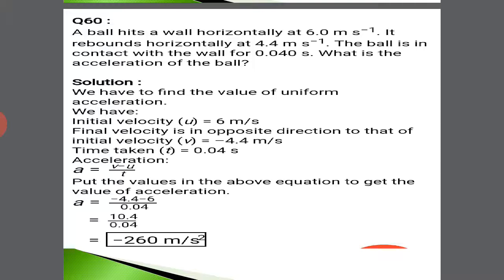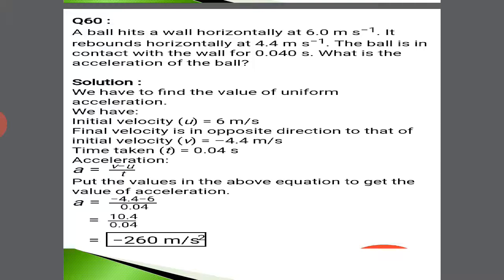Okay, what we need to find out? We need to calculate its acceleration. We are given two values, initial velocity and final velocity, both are given there, and time is also given there. So we have to find out the value of uniform acceleration. For that we are given initial velocity u 6 meter per second, final velocity in opposite direction to that of the initial velocity.